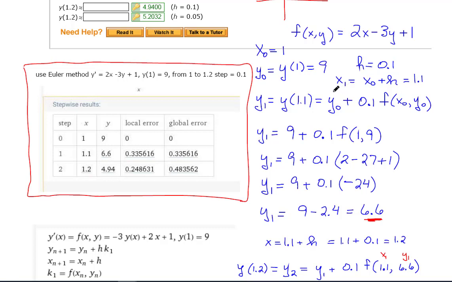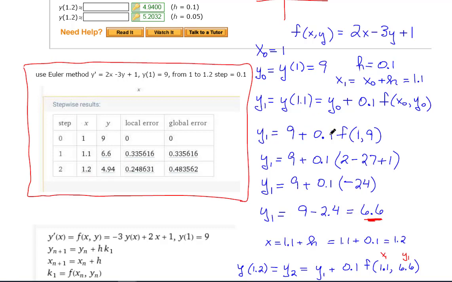All right, so let's see this by hand. So y1, my very first one, is y at 1.1. That's my new x1. And it's based on y0 plus my step size and then f of the initial conditions. All right, so y0 was 9.